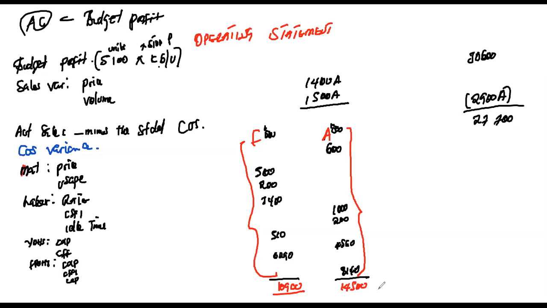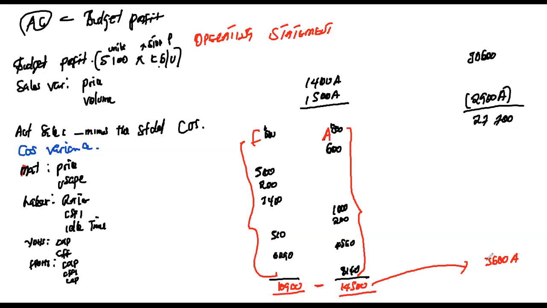Now we get the difference between the adverse and the favorable figure. The difference is 3,600. Favorable or adverse? Adverse, because the adverse figure is more than the favorable figure.